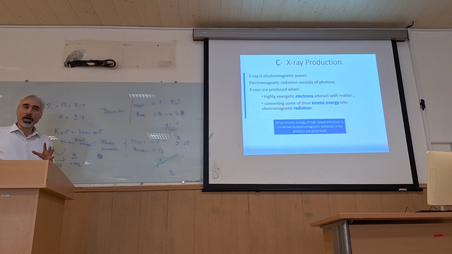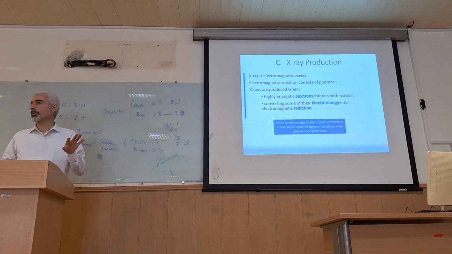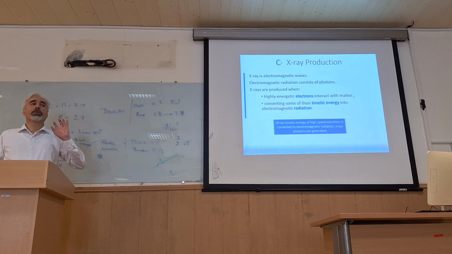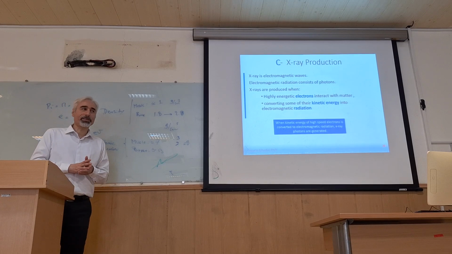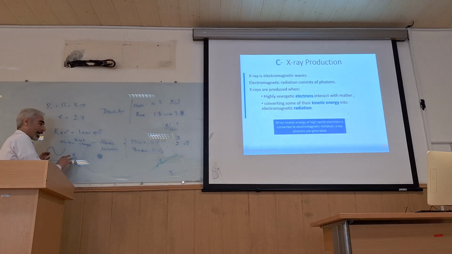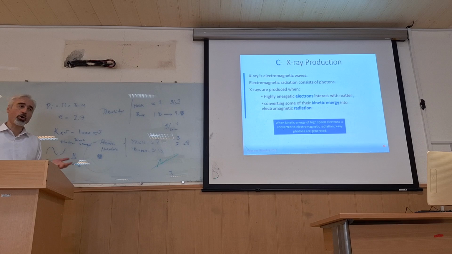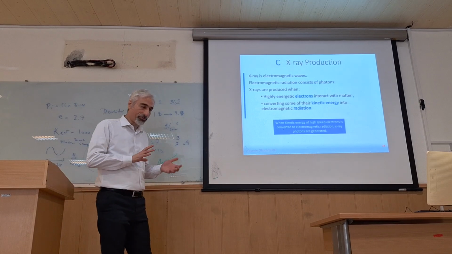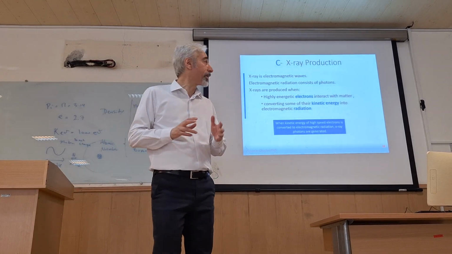So we can define them in both ways, in the context of electromagnetic waves, and in the context of energy. Both are correct, and wherever we need one of them, we can use it.